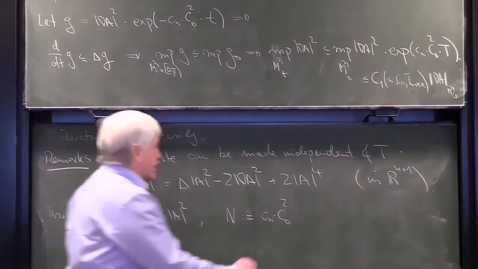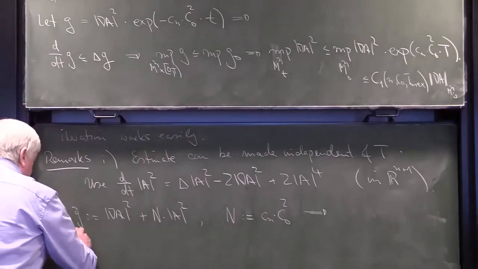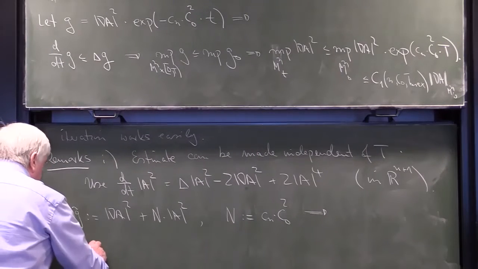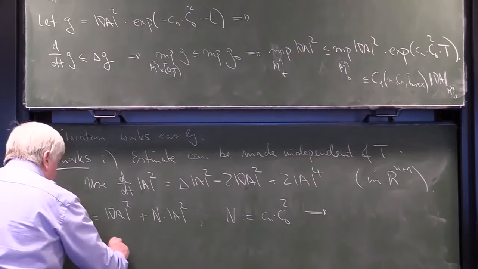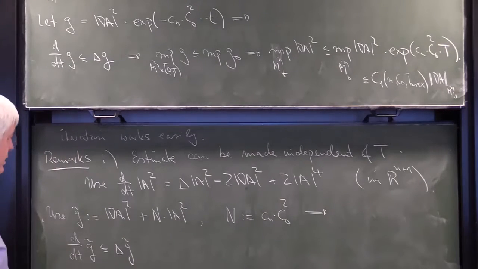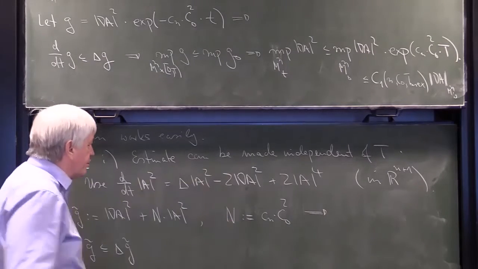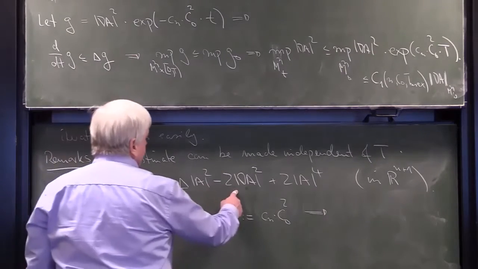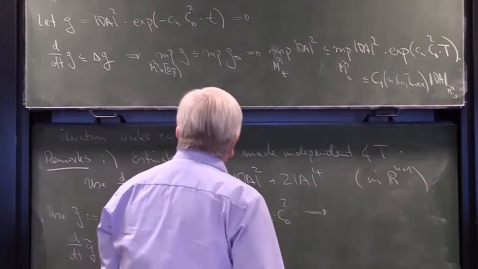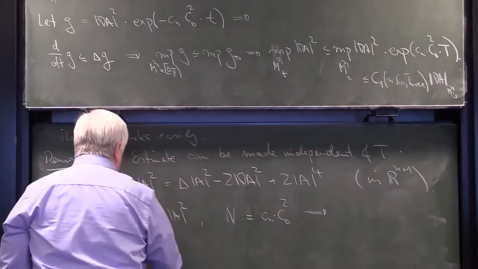And then you get that ddt of G tilde is less than Laplacian of G tilde. And in this case, from here you get minus 2n, and one of them is killing this term. The other one remains.